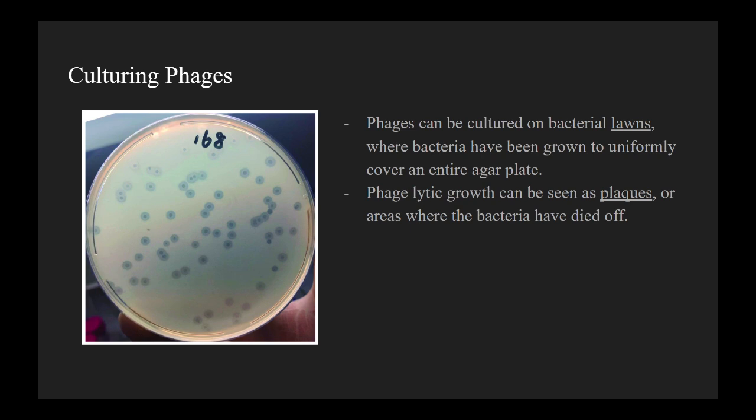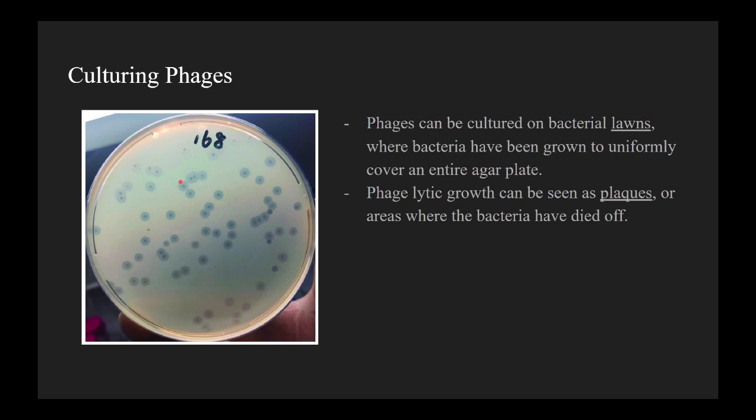Again, here's just some more basics about phages in general. Phages can be cultured on what are called bacterial lawns. Lawns are essentially where you get an agar plate, and then you put your bacteria and spread them evenly across the entire surface so that there's even bacterial growth uniformly across the plate. And then you can introduce your phages, and as the phages grow, you get these plaques.